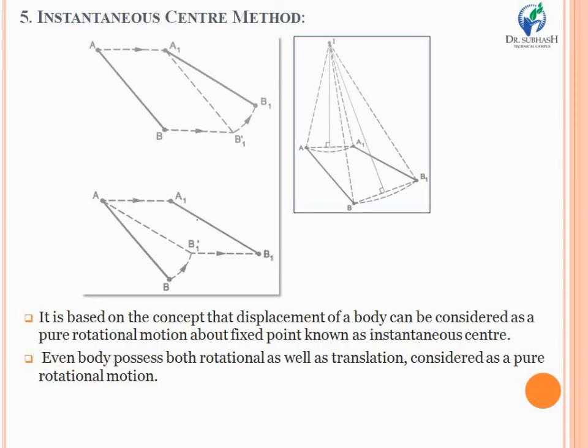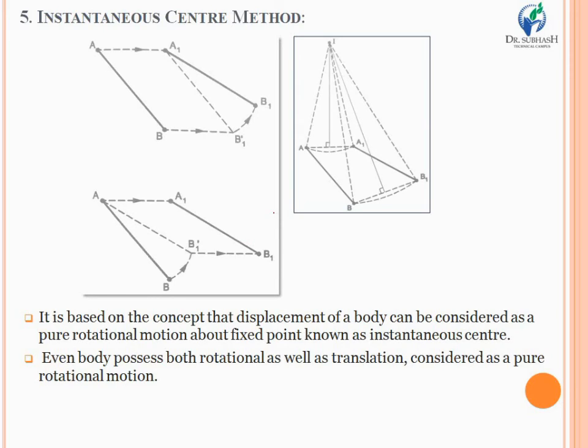For example, consider link AB, which you have been given, look at the screen, and consider its motion. The motion of link AB can be considered first as A1 to B1 dash, and then turning this link to A1 B1. Now consider the nearby figure.